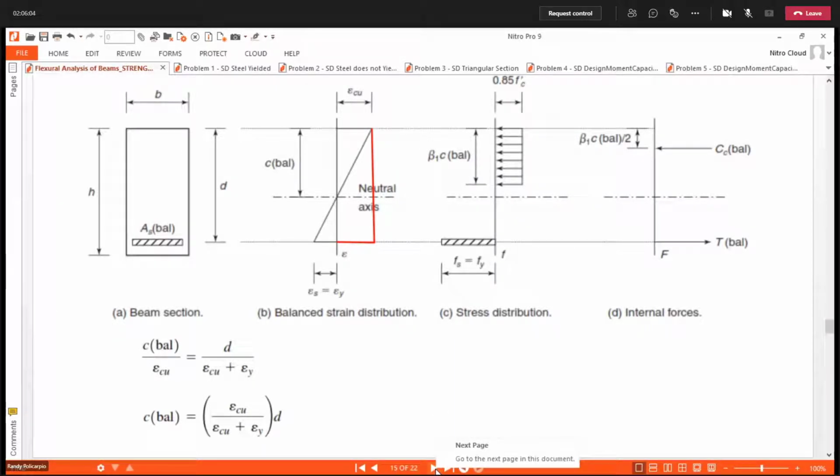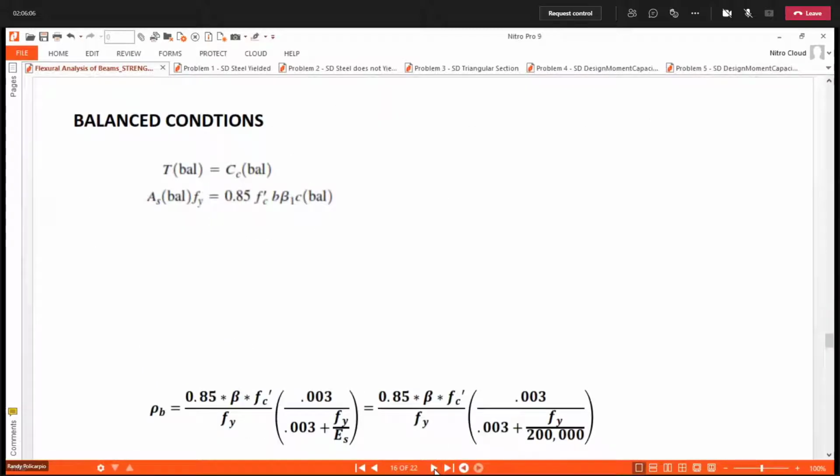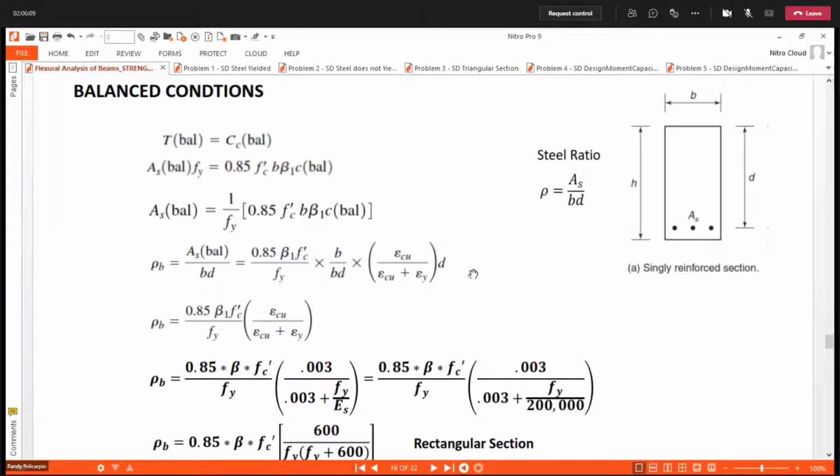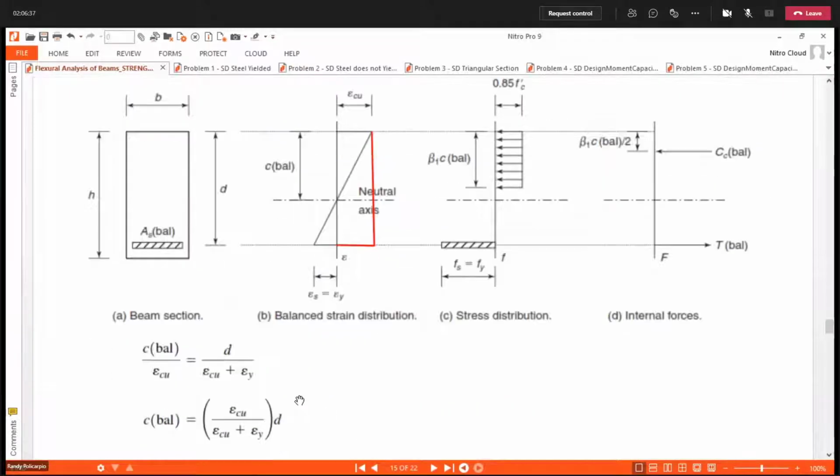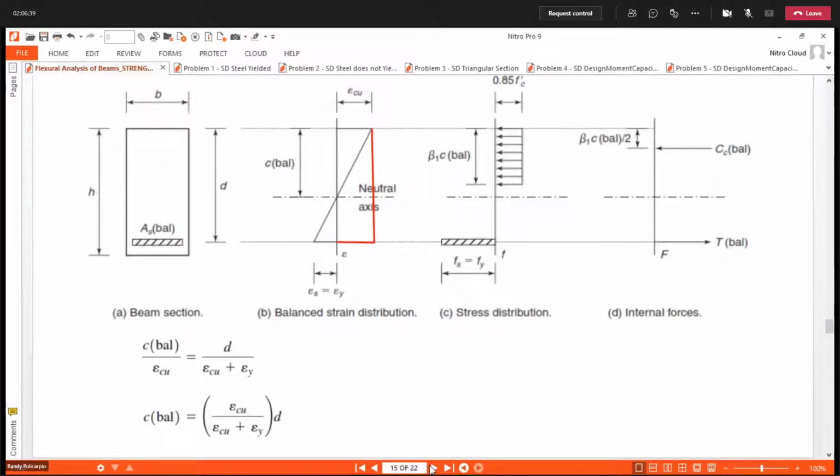Okay, so using equilibrium condition, T balance is equal to C balance. Substituting now the values. Remember that a balance equals beta 1 c balance. So if we substitute c balance with what we computed here, we put it into the equation.